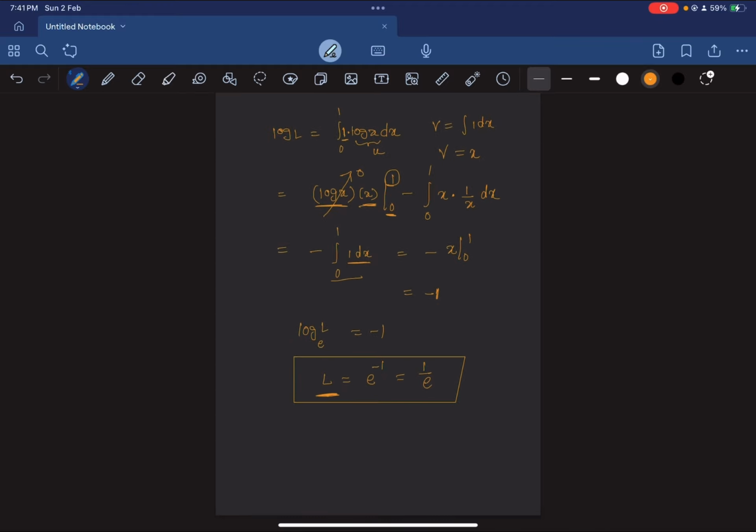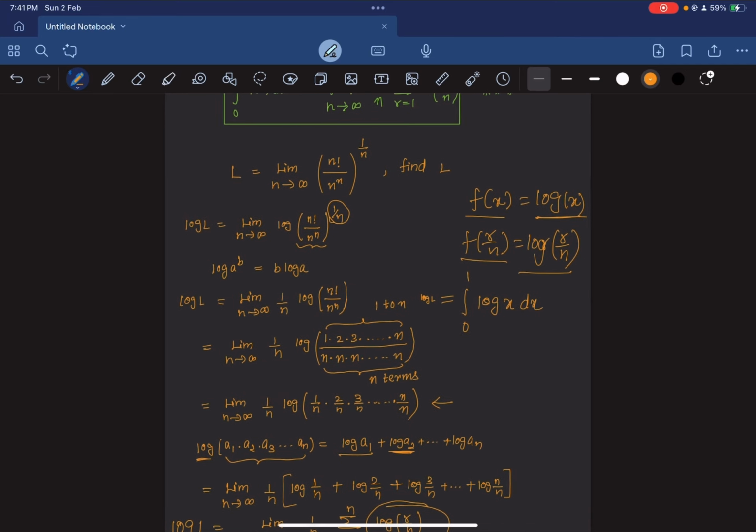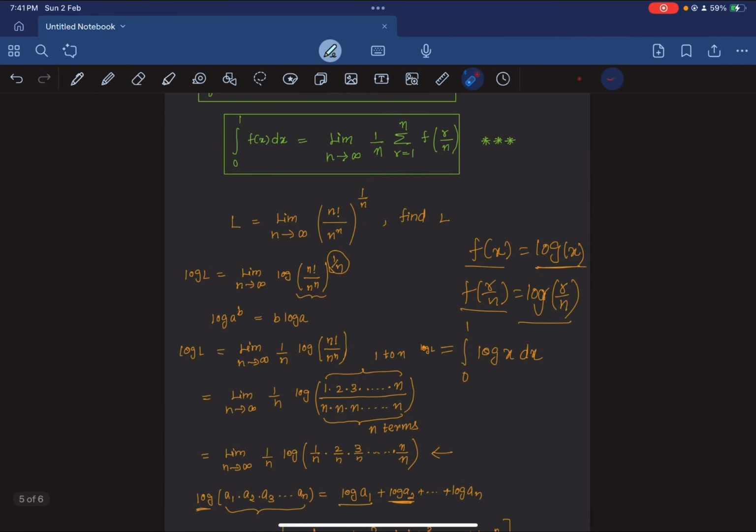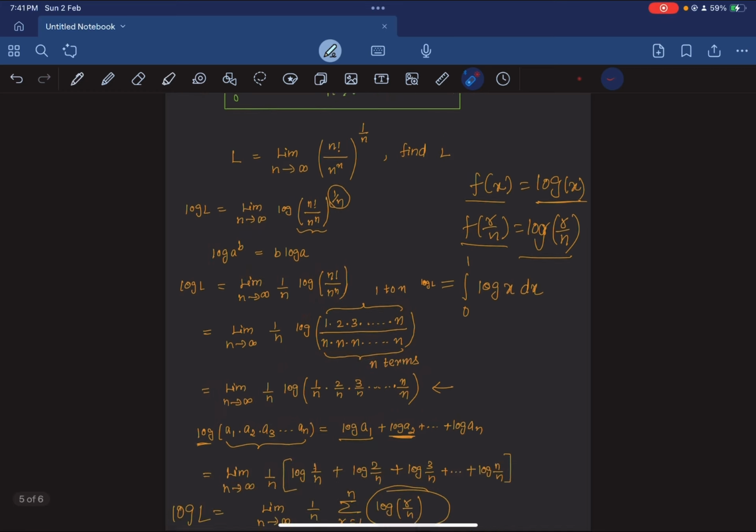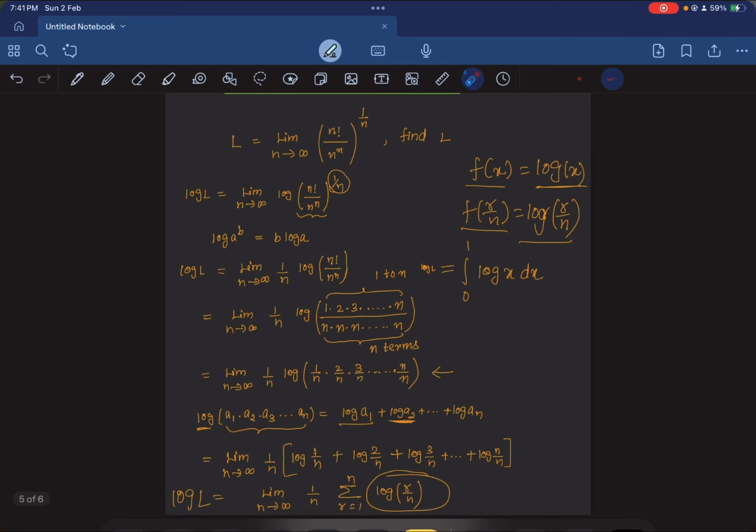See how beautifully we have converted the limit into this particular format and then solved it. So here you have the simple looking limit. We have expanded the limit, applied a few properties of logarithms, and then beautifully converted this product into this summation, giving us a representation like this.